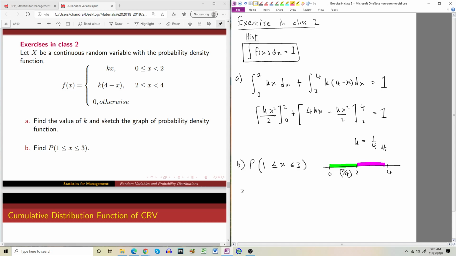For 2 to 4 onwards, the function changes, whereby it is 1 over 4, (4 minus x). 1 over 4, (4 minus x).